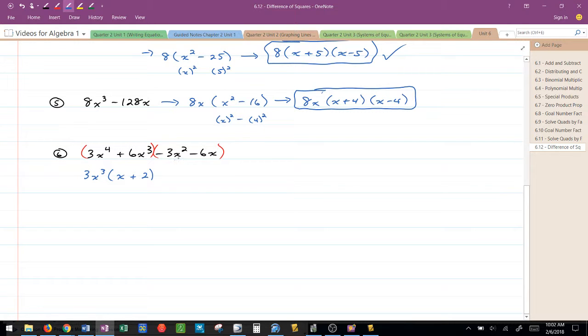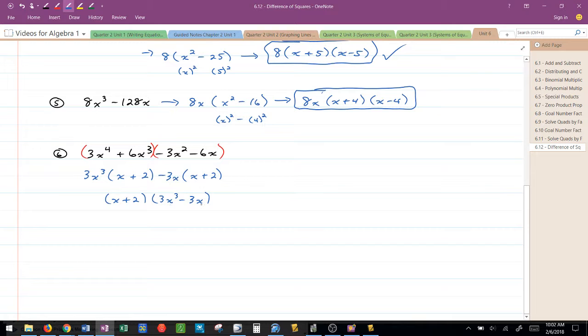Now I need to factor the second one so that I end up with x plus 2 as a binomial. So I know that there's going to be a GCF of negative 3x there, and that would leave me with x plus 2. All right, so let's see where we're at now. This becomes x plus 2 times 3x cubed minus 3x.